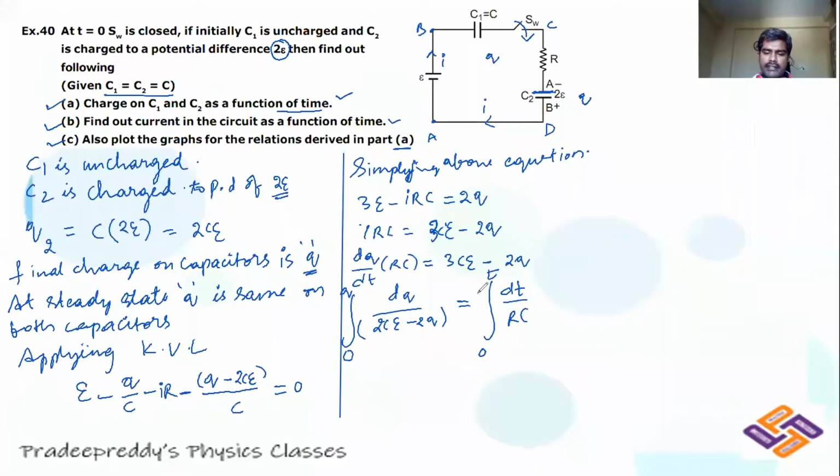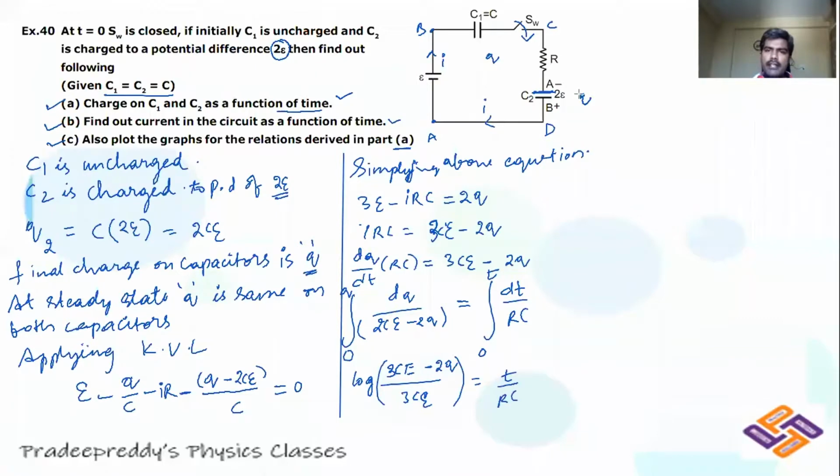Now evaluate this integration. After evaluating the integration, you will finally get this expression: log to the base e of 3CE minus 2Q divided by 3CE is equal to t divided by RC.